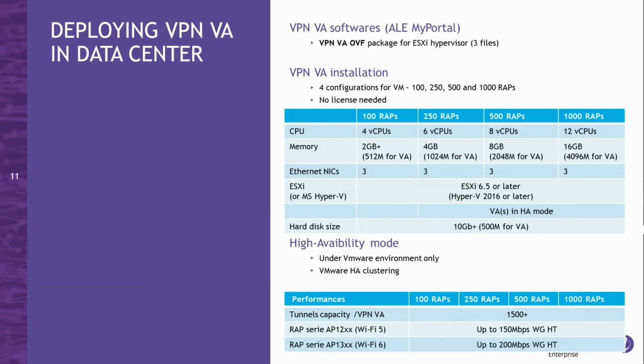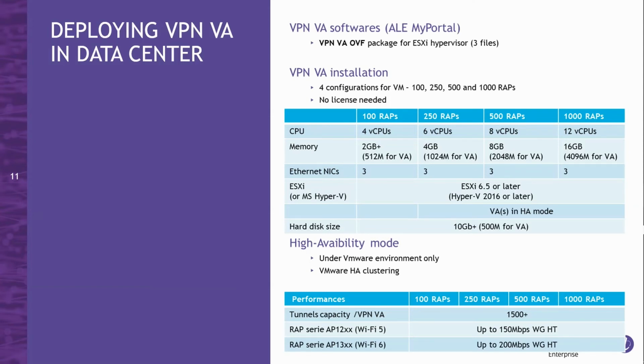With the latest VA 4.5R1 version, 4 configurations are supported depending on the Stellar RAP deployment. The table communicates the associated virtual hardware resources. The minimum requirements for VA installation are a quad-core processor, 10 GB of virtual disk, and a minimum of 2 GB of memory.